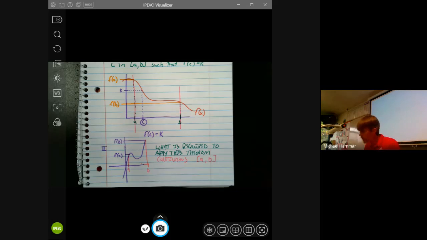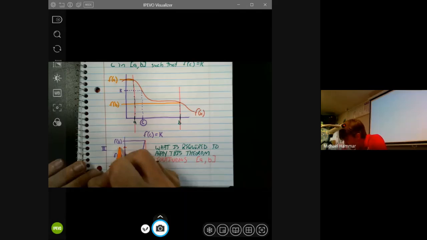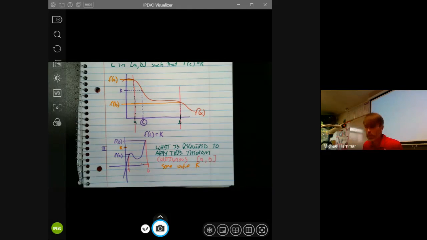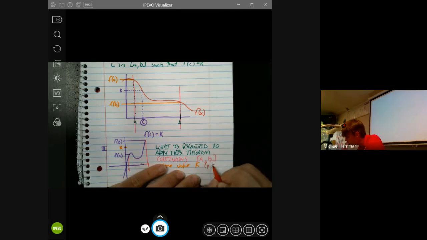So the two things you need is you do need to know that it's continuous, and you do need to have some closed interval that we are going to be working with. Now also, eventually we will need to know some value of k. You need to know where the k is. Remember, the k is not on the x-axis. The k is on your y-axis.